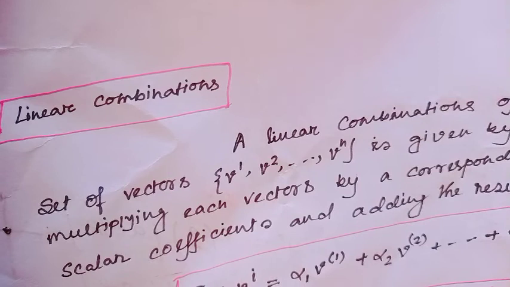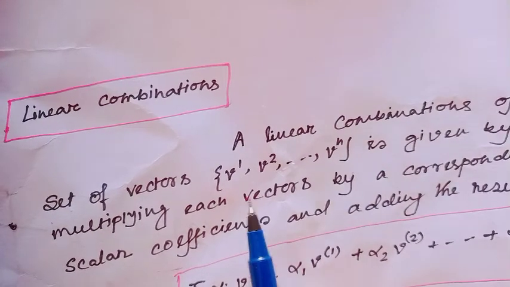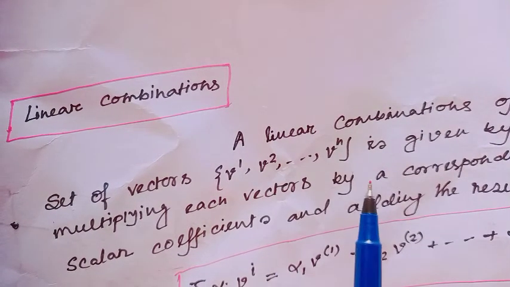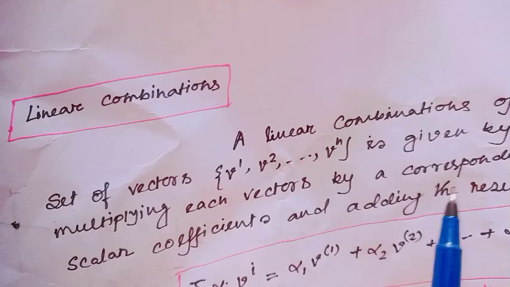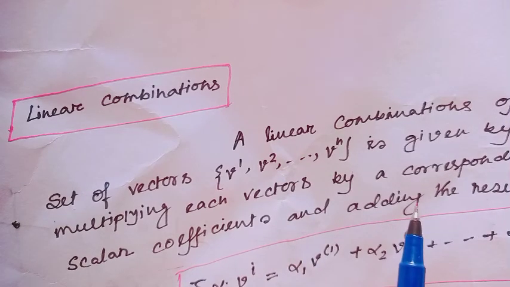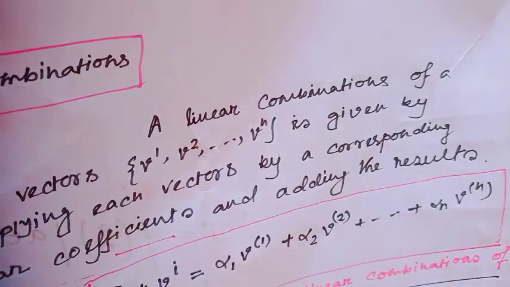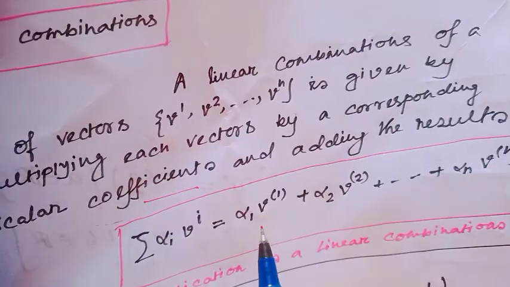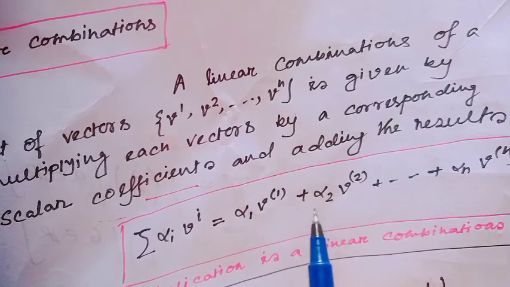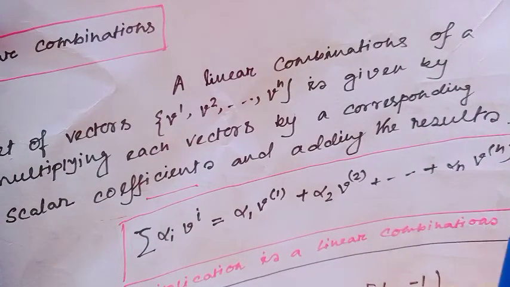A linear combination of a set of vectors v1, v2 up to vn is given by multiplying each vector by a corresponding scalar coefficient, and this would be alpha 1 v1, alpha 2 v2 up to alpha n vn.